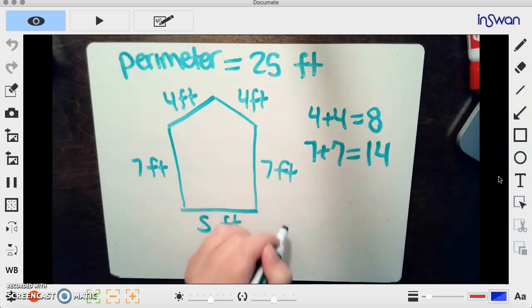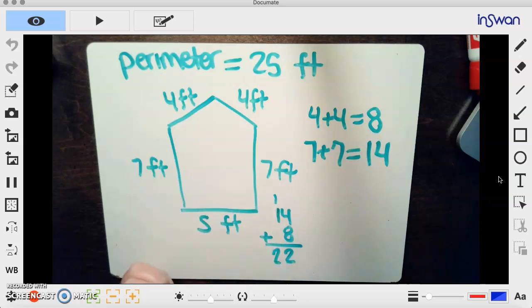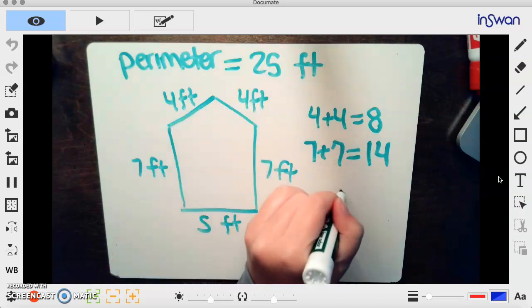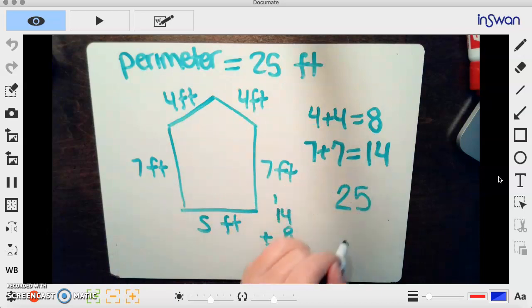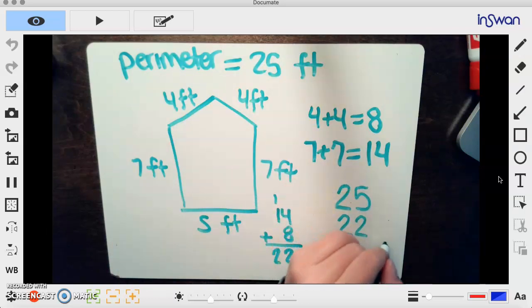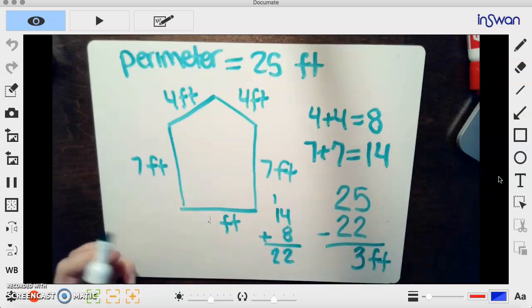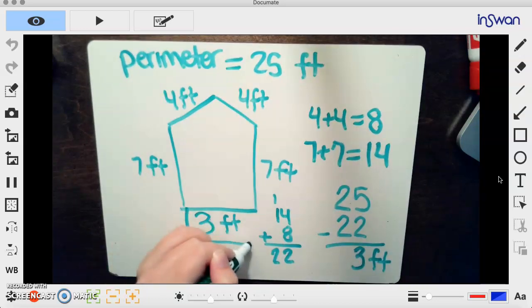Now I can add together 14 and 8, 10, 11, 12 to get 22. And then my total perimeter is 25. So now I can take my total 25 and subtract 22, what I already know, and I'm going to get 3 feet. So this S right here is going to be equal to 3 feet.